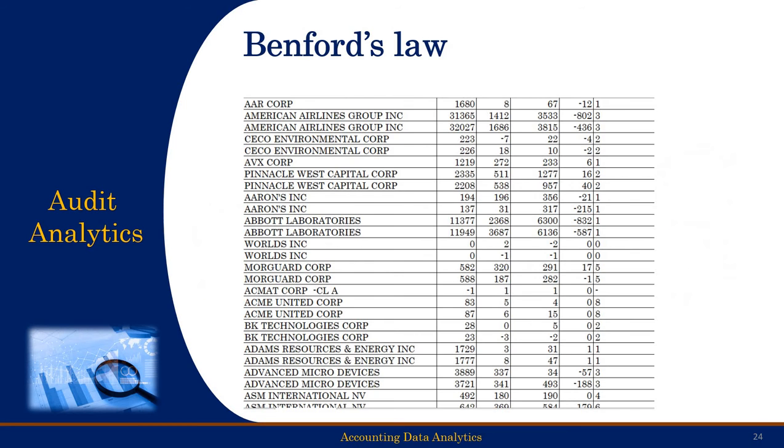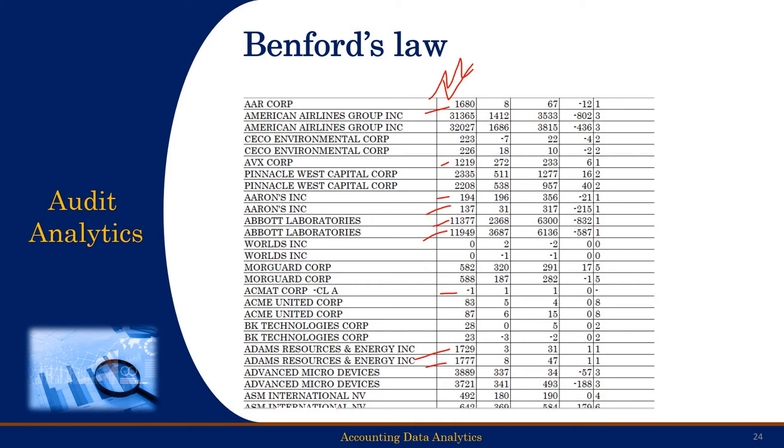Okay, let's see an example from a data set. See, this is an example data set. From this data set, if we think about this variable, you will see that the first digit is number one, see, 1, 1, 1.